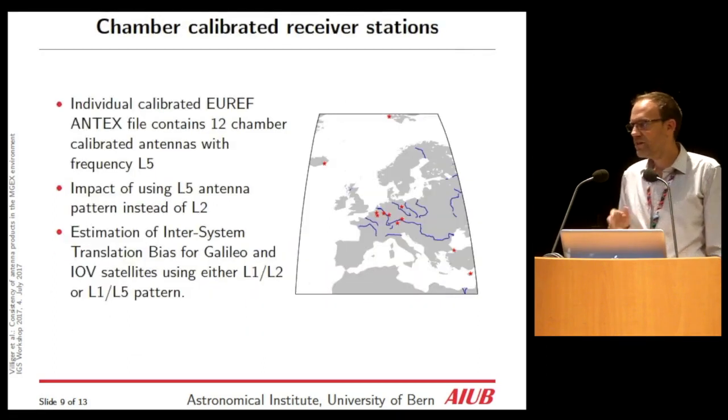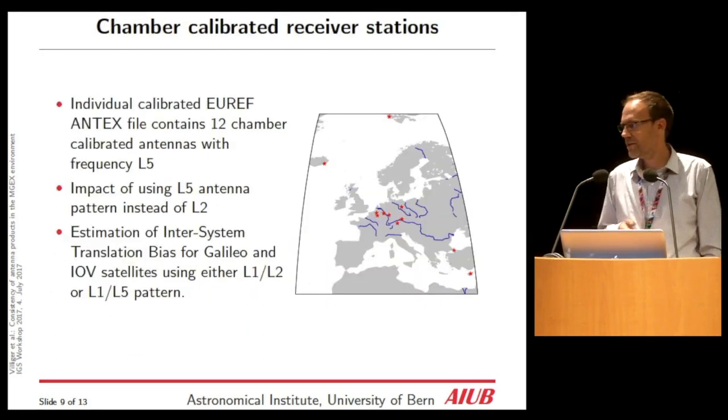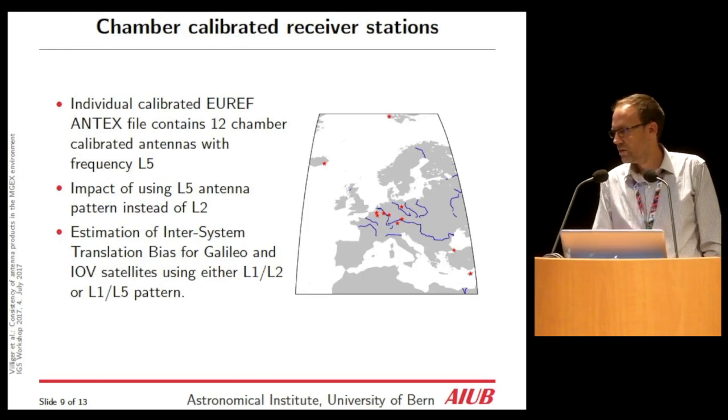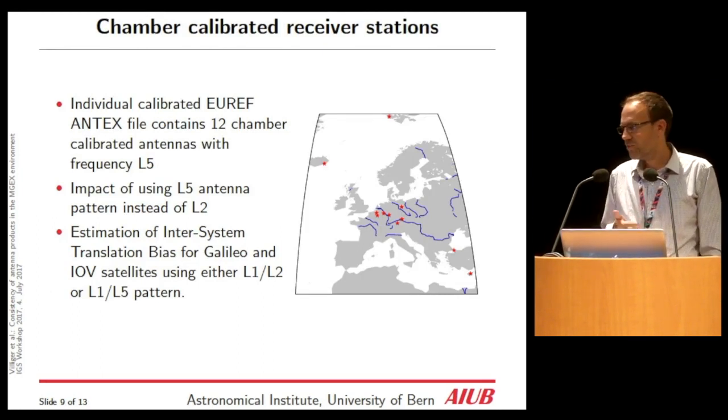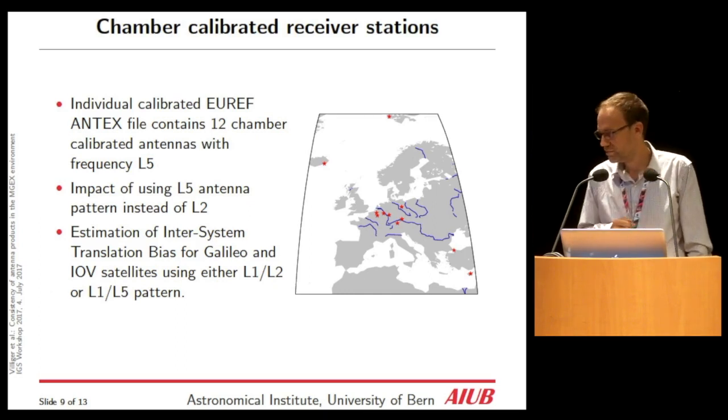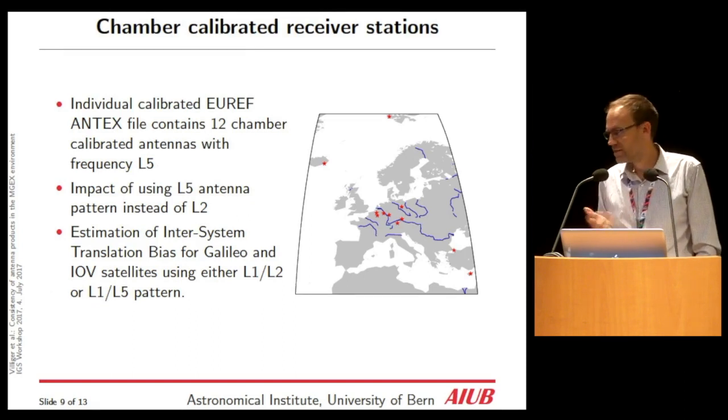The second part is where I did some tests using the chamber calibrated receiver stations. Within the UREF network, at the moment I could find in the Antex file, 12 stations which are chamber calibrated antennas, which have the L5 frequency in them. So the goal was to see what is the impact of these L5 antenna patterns if I use them instead of the L2, which is usually done because the L5 is not available.